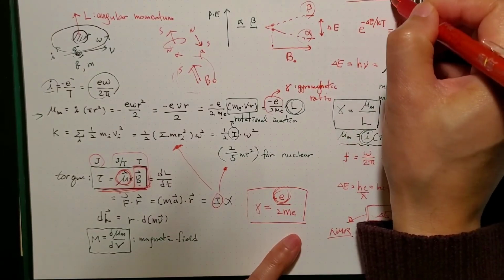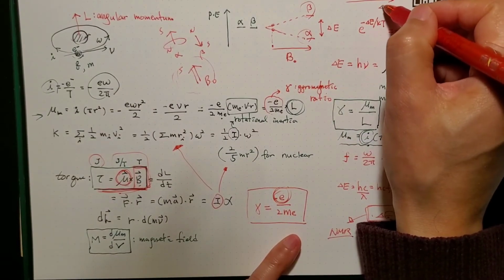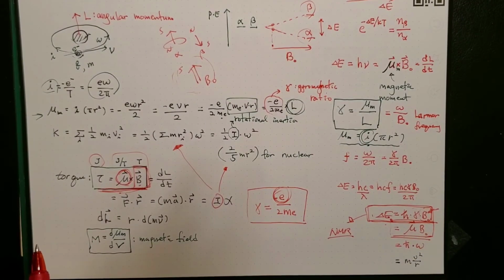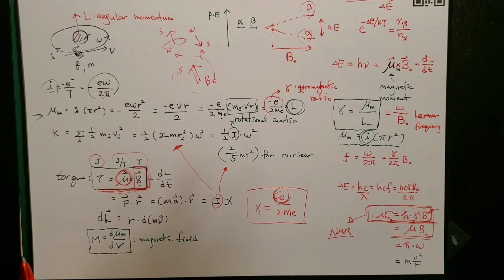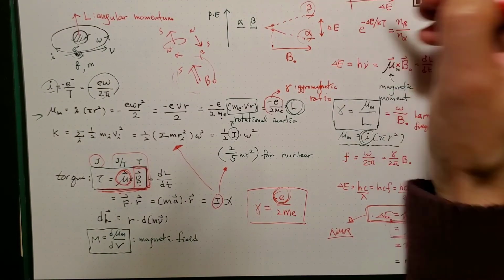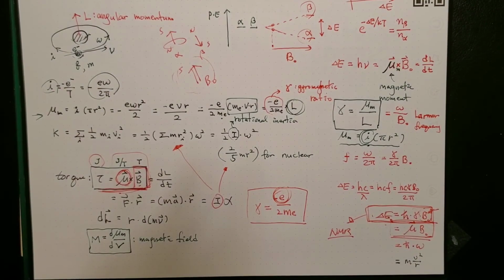So X is most of the time for spectroscopy, the quantity related to the energy. Y normally has to do with absorptivity, the absorption.